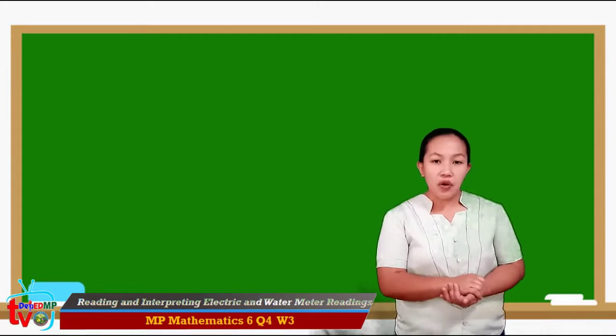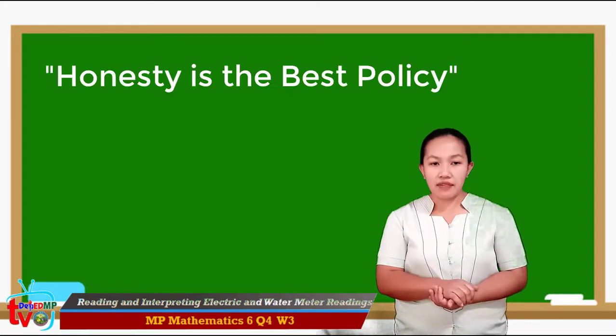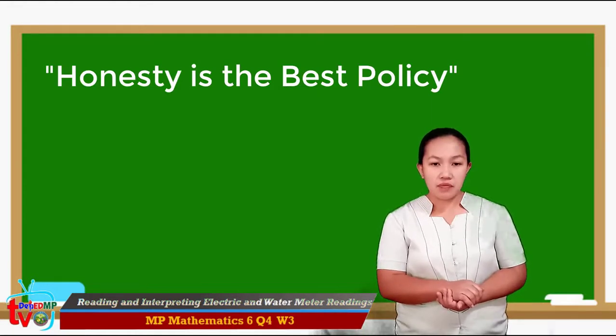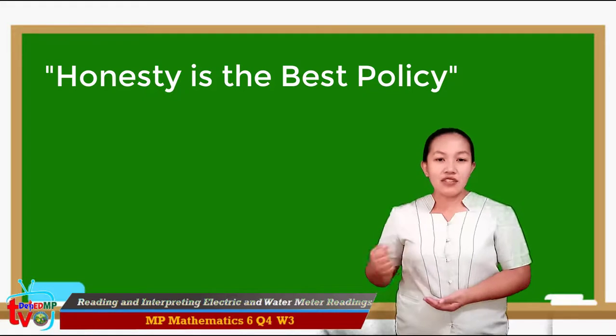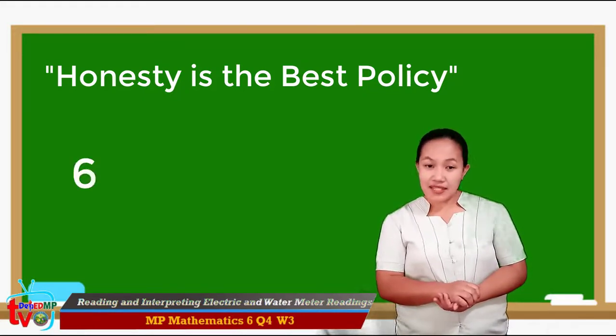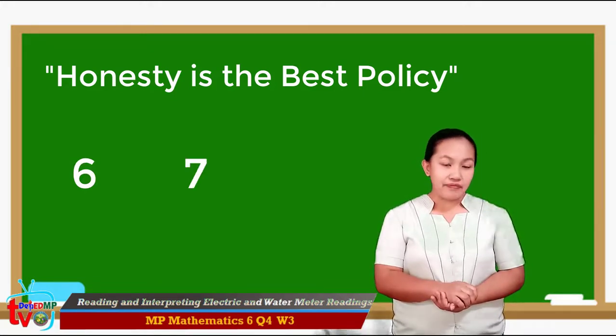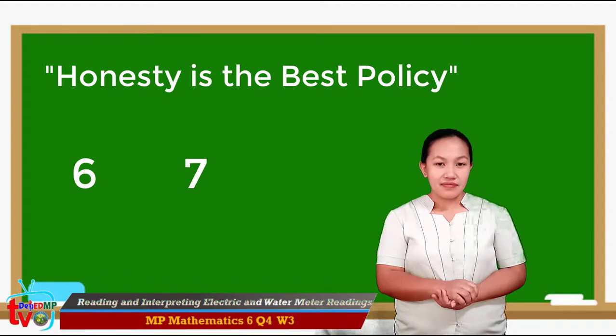In checking your own paper, always remember the saying, honesty is the best policy. All right, count your correct answers now. Who got a score of 6? How about 7? And 8?